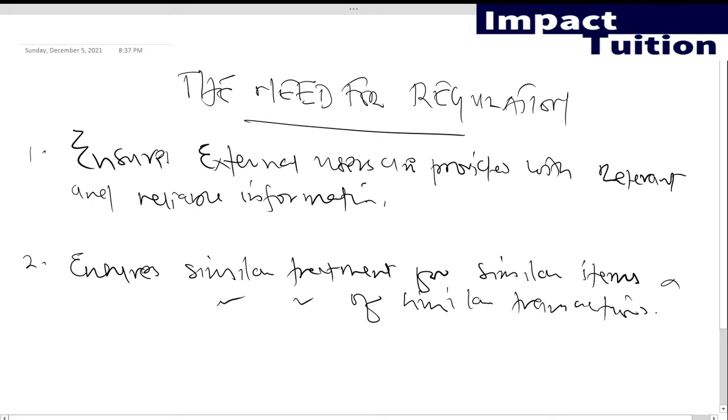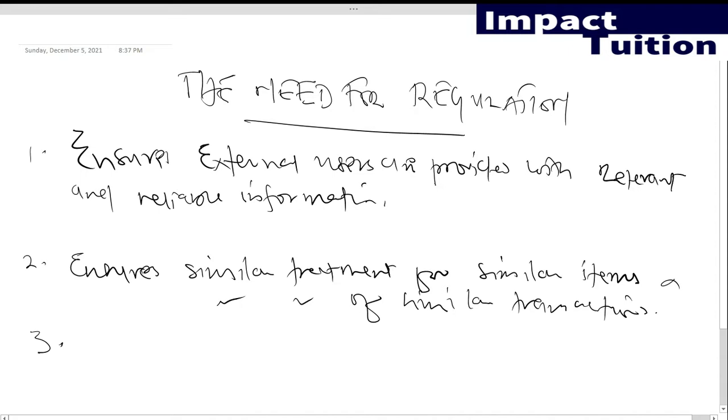Yes. So without regulation, entities will choose to treat transactions and items as they deem fit. But regulation here ensures that similar items are treated by all entities in a similar manner, and transactions are also treated in the same way everywhere.